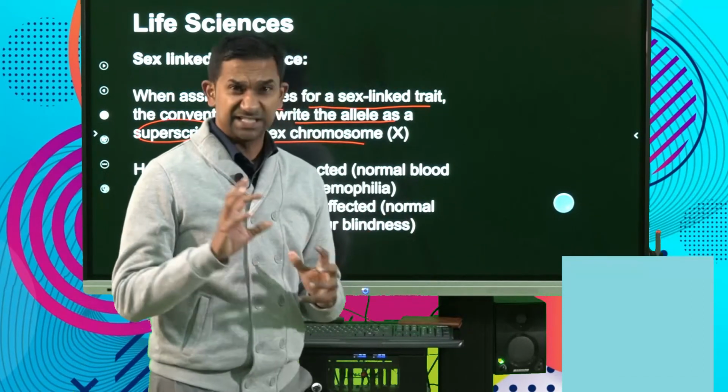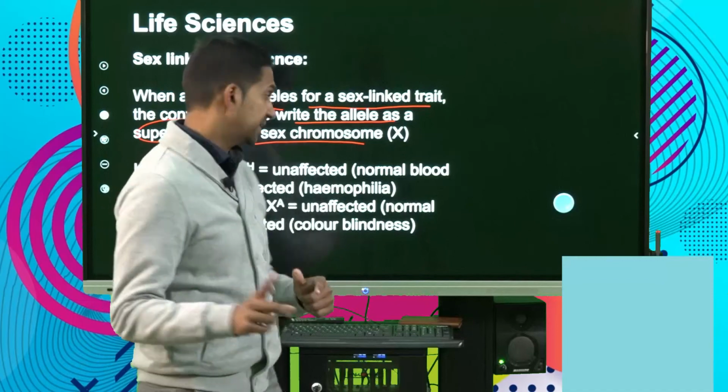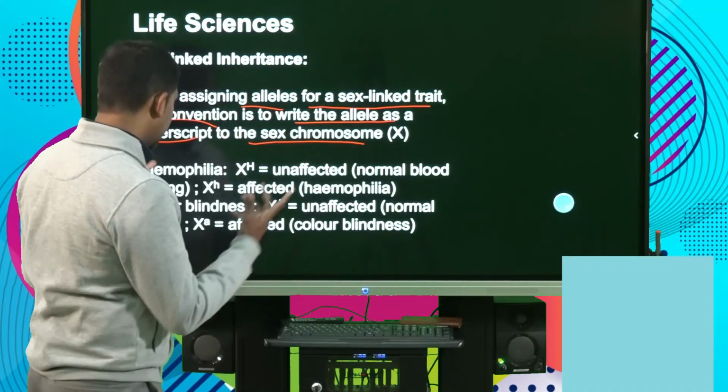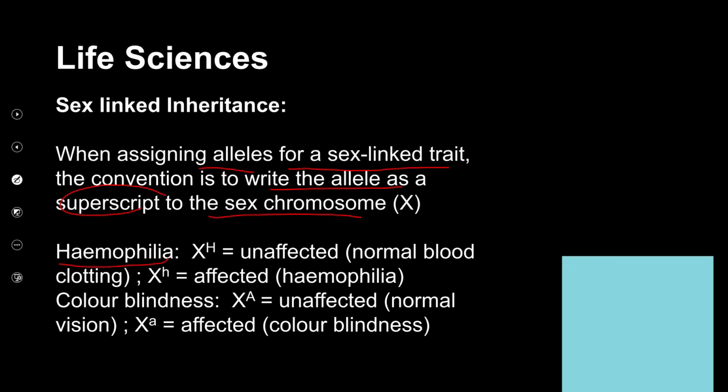So these are 3 common examples of characteristics that are found on the X chromosome. And they follow a specific pattern, and we've got to recognize that in our next slide. So the example we're referring to is hemophilia. And we tend to use, again, the gender as well as the allele as a superscript. So essentially, you've got to indicate the X, dominant and recessive alleles using that notation. And again, we have the Y chromosome in males that does not have the allele.